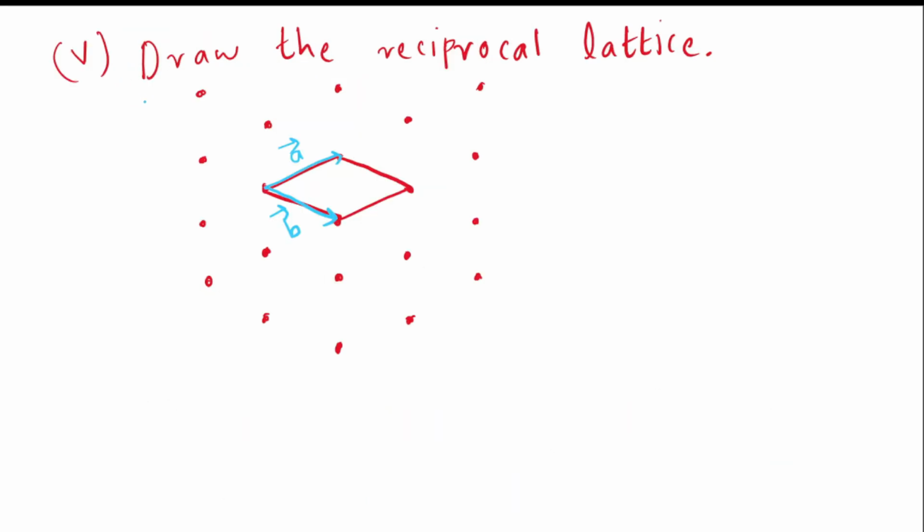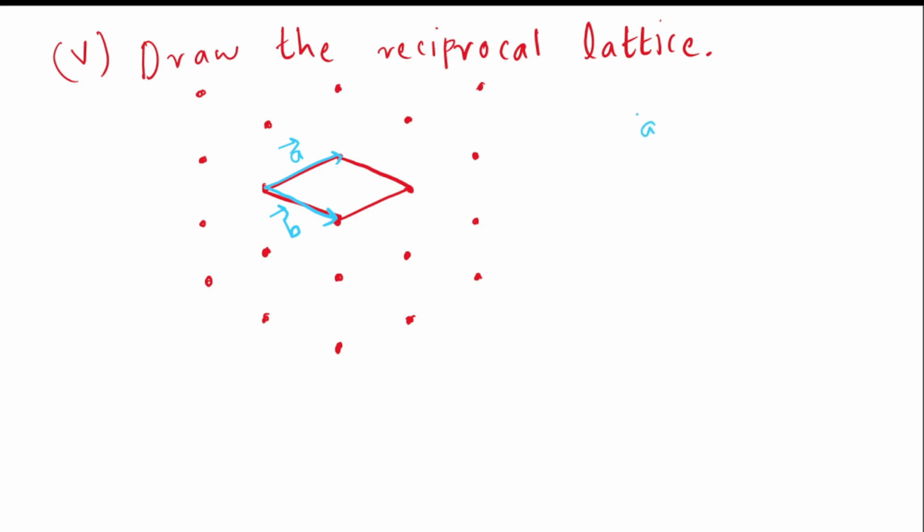Then they asked me to draw the reciprocal lattice of the graphene lattice. So I have drawn the A sublattice only. I have considered only the A sublattice. Then this is the primitive unit cell, as I have already told you. And the primitive translation vectors, primitive lattice vectors are A and B. And we know how to find the reciprocal lattice vectors.